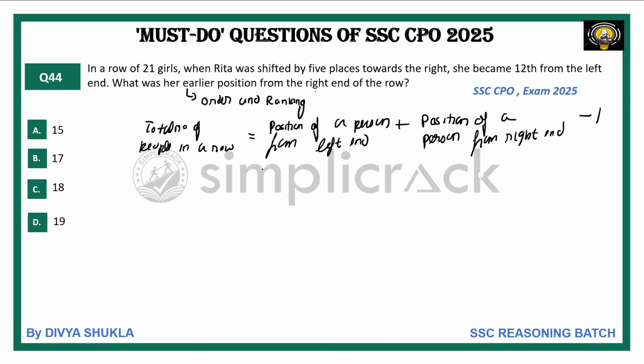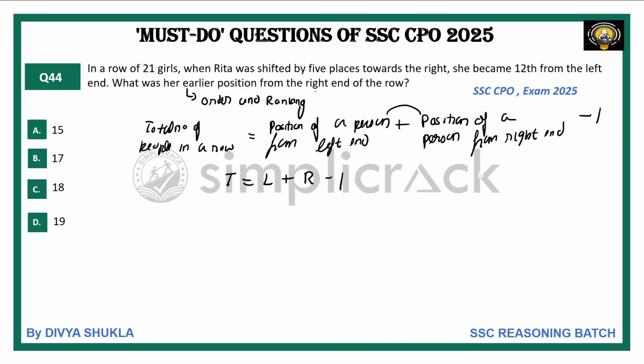You can remember this as T equals L plus R minus 1. Both positions should be of the same person. So if I have the position of a person X from the left hand and from the right hand, then I can easily find the total number of people.